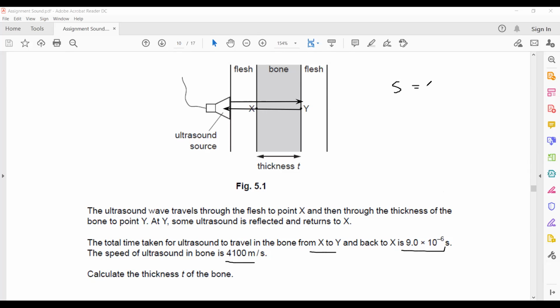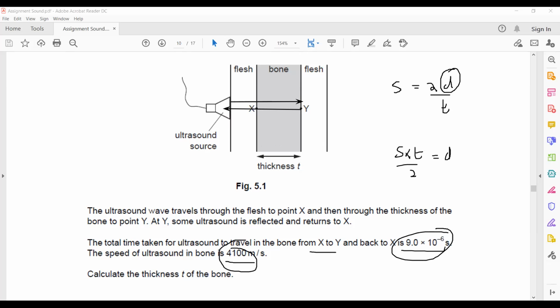Speed is equal to 2d divided by t, since in this case it will be twice the thickness d. The thickness is a distance here. So d is speed multiplied by time divided by 2. Speed is given as 4100, time is 9 times 10 to the power minus 6, divided by 2. You will get the thickness of the bone.